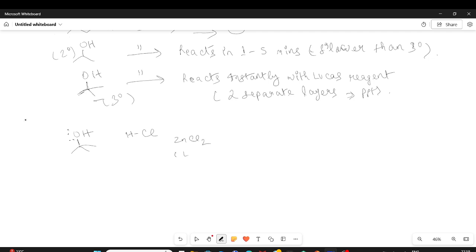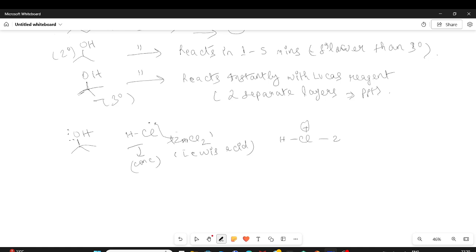Now zinc chloride by default is a Lewis acid because zinc has vacant orbitals to accept electron pairs. HCl is already in the concentrated form, plus this zinc chloride acts as a promoter for the removal of this OH group. Basically, you can think of it like this: chlorine attacks here.